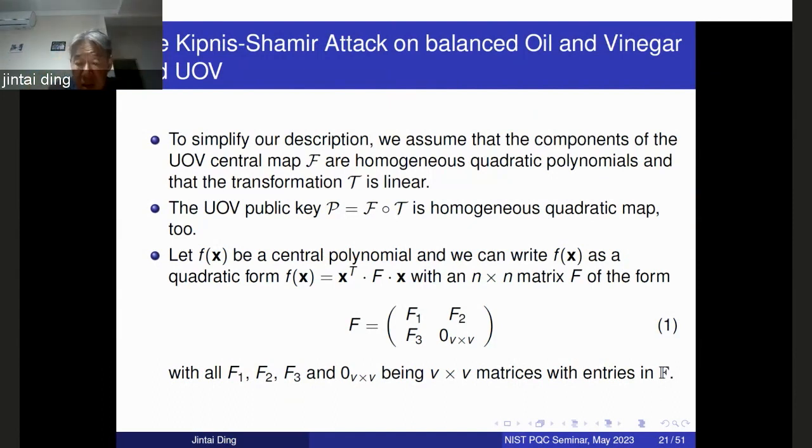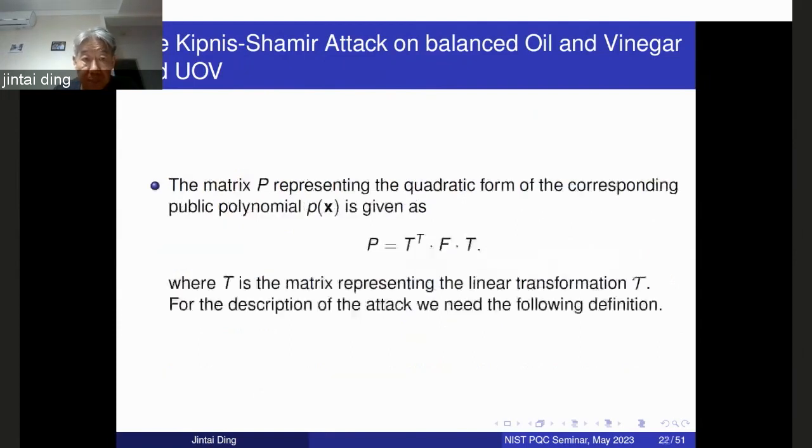Okay, of course, from the theory of quadratic forms, we should make F2 and F3 symmetric, so F3 should be equal to F2 transpose, if you want to make a unique connection between the matrices and the quadratic systems.